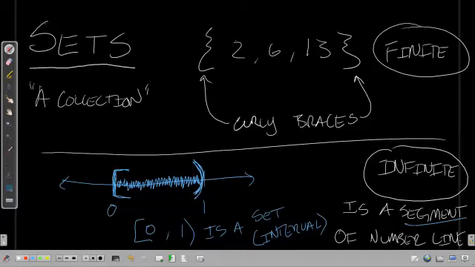And naturally, there's an infinite amount of numbers between 0 and 1, and then you toss in 0 itself, it's still infinite. And so we have finite sets, we have infinite sets. There's other ways to write infinite sets that we'll do later in the course, but this is it for now.